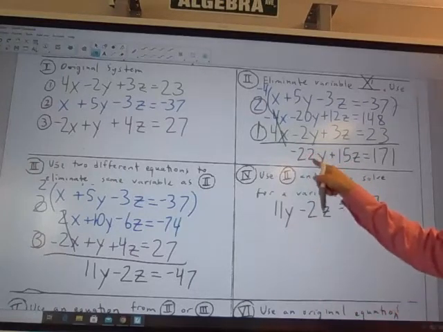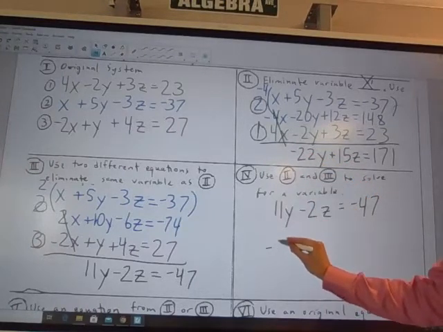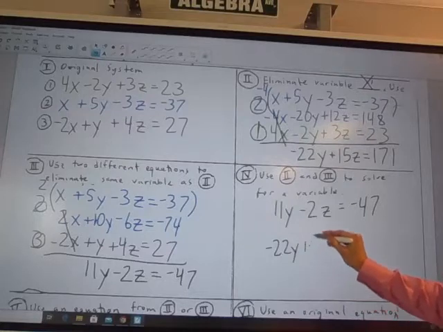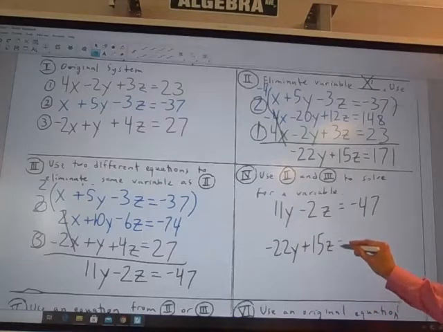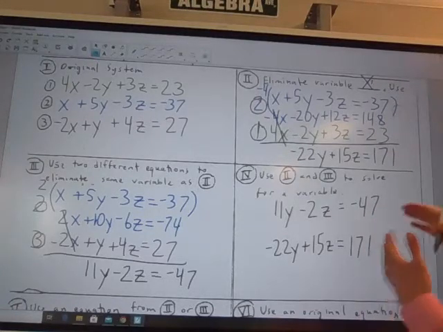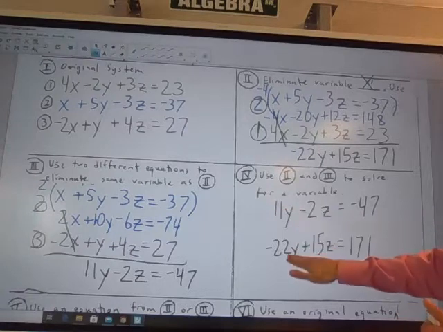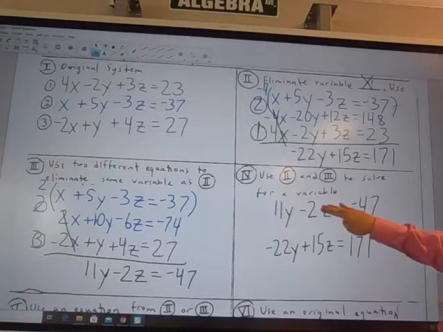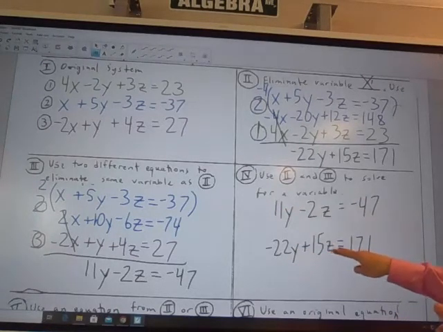So I rewrite this one down here. Negative 22y plus 15z equals 171. All right, so let's see. 11y, negative 22y, negative 2z, 15z.